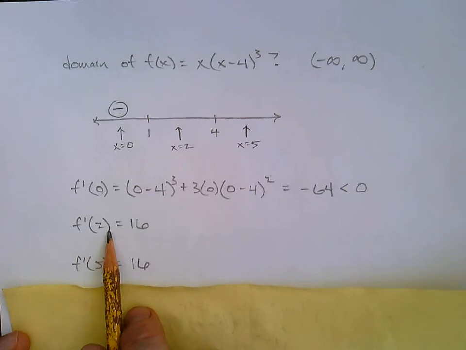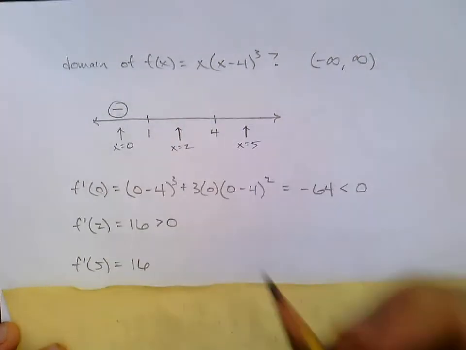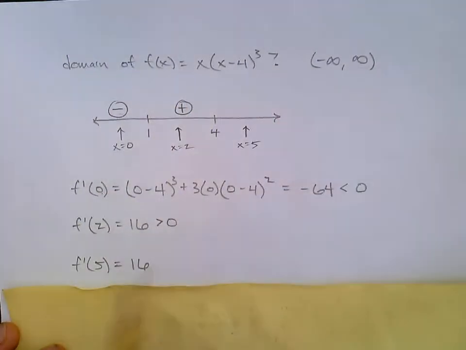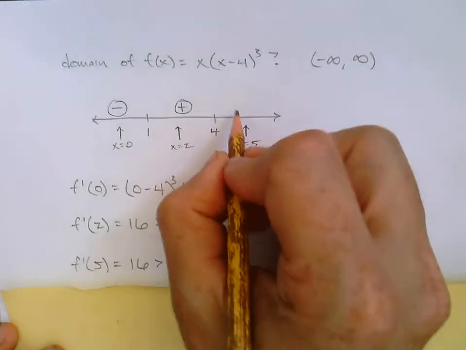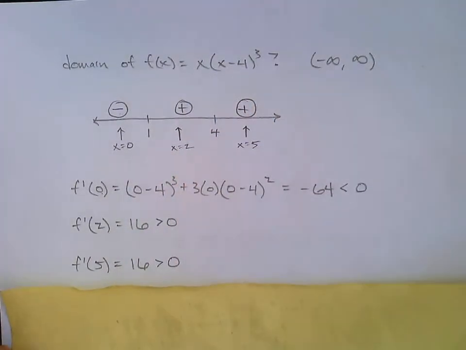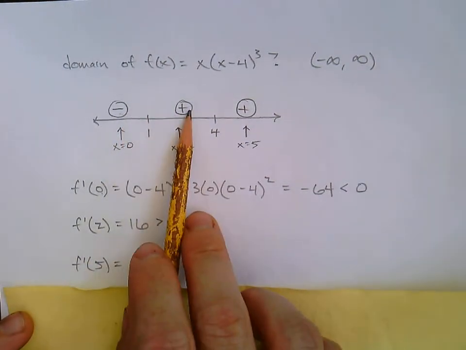How about the 2? Well, skipping the details, that comes out to be 16. That's a positive answer. F prime 5, also 16. That's a positive answer. Okay. Negative answer, positive answer, positive answer.